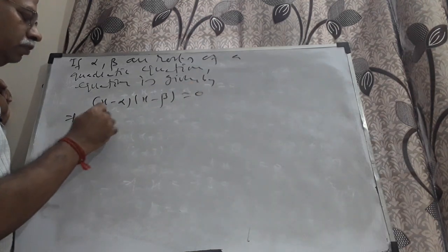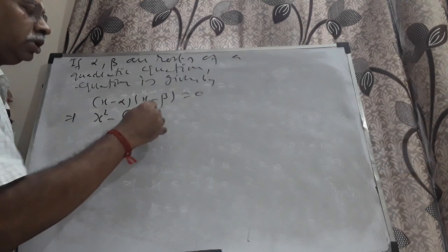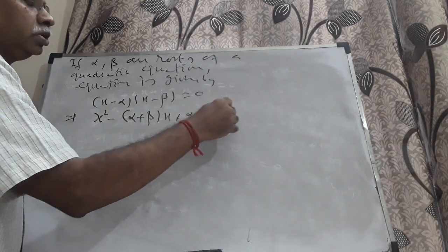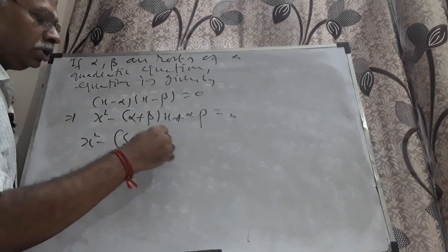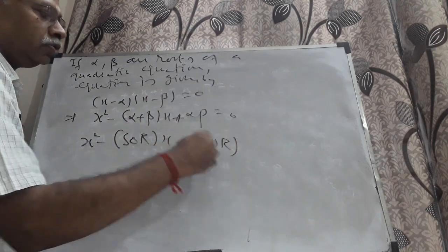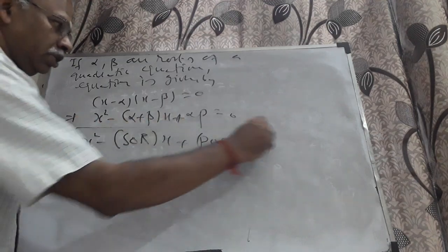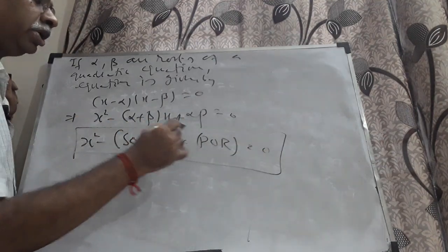You can just check that it will be x square minus (alpha plus beta) into x plus alpha beta is equal to 0. Therefore, I can very well write x square minus sum of the roots into x plus product of the roots is equal to 0. This is one of the major results you are supposed to remember anyway.